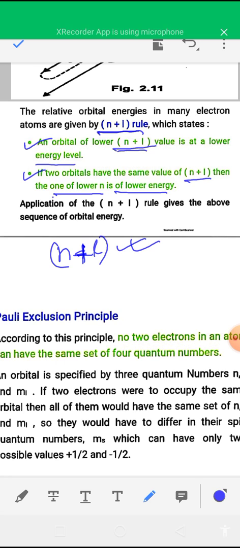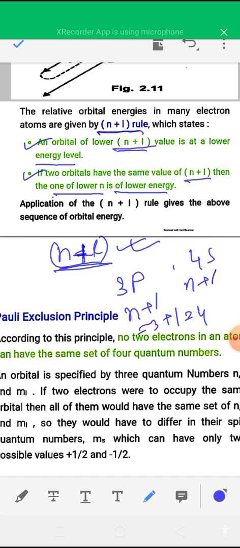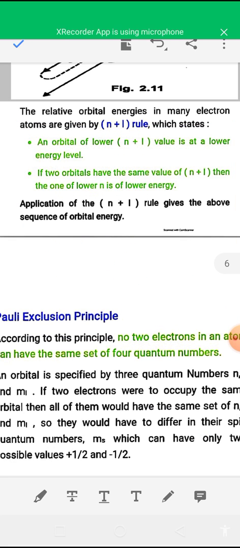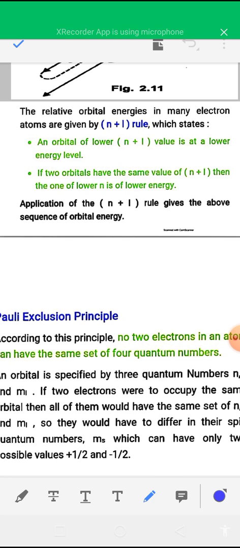If two orbitals have the same value of n plus l, for example 3p and 4s: for 3p, n plus l is 3 plus 1, that is 4, and for 4s, n plus l is 4 plus 0, that is 4. So both 3p and 4s orbitals have the same value of n plus l, and in such a case 3p has lower energy than 4s. In such a case you have to see the lower value of principal quantum number.